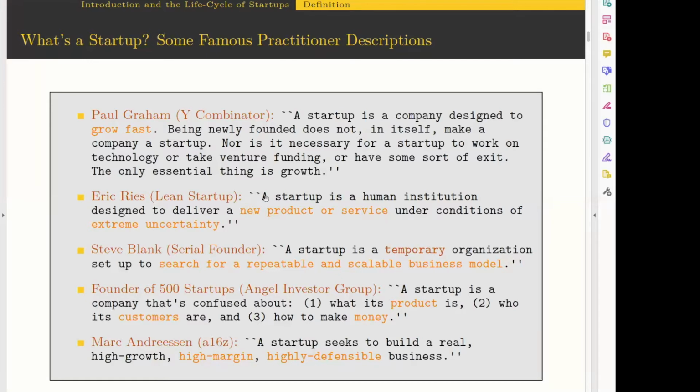The founder of 500 Startups, a prominent angel investor group, says a startup is a company that's confused about one, what its product is, two, who its customers are, and three, how to make money. That sounds like a fairly bad predicament, but it's a great description of a lot of startups, because you might have an idea on what you should build and who you should sell to, but because of the uncertainty, you don't know for sure.